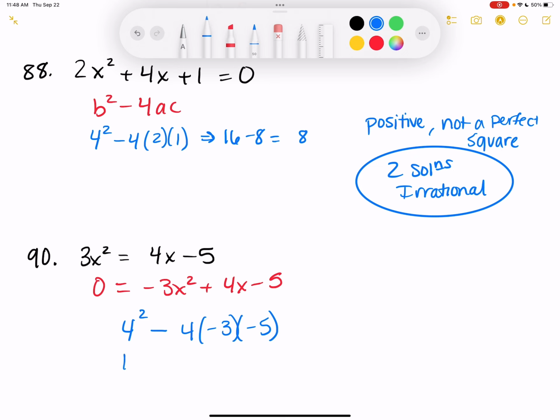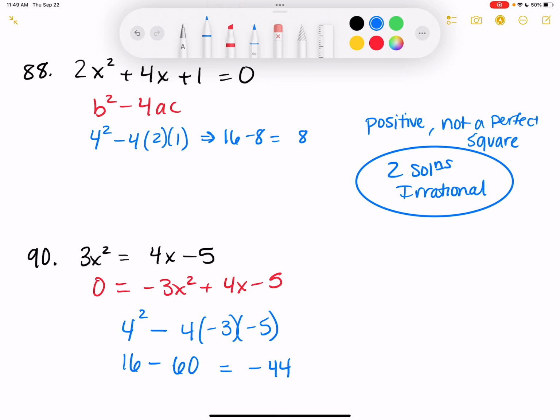So I'm going to have 16. I've got 3 negatives, so it's going to be minus 60. So it'll be negative 44.